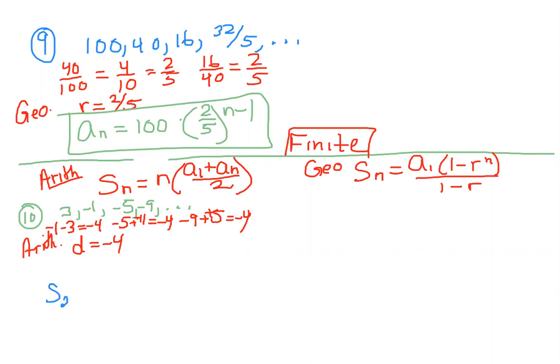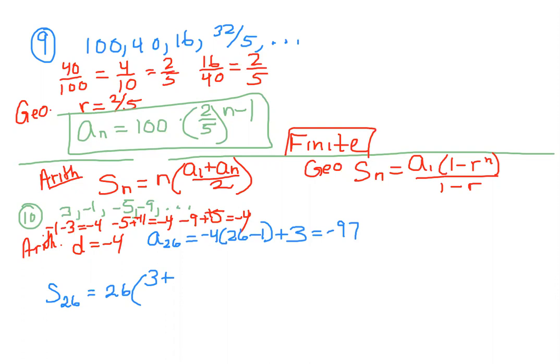So to find S26, we need A1, which is 3, but we need A26. So we need that D to find A26, which is -4 times 26 minus 1 plus 3. So you would do this and you should get -97.